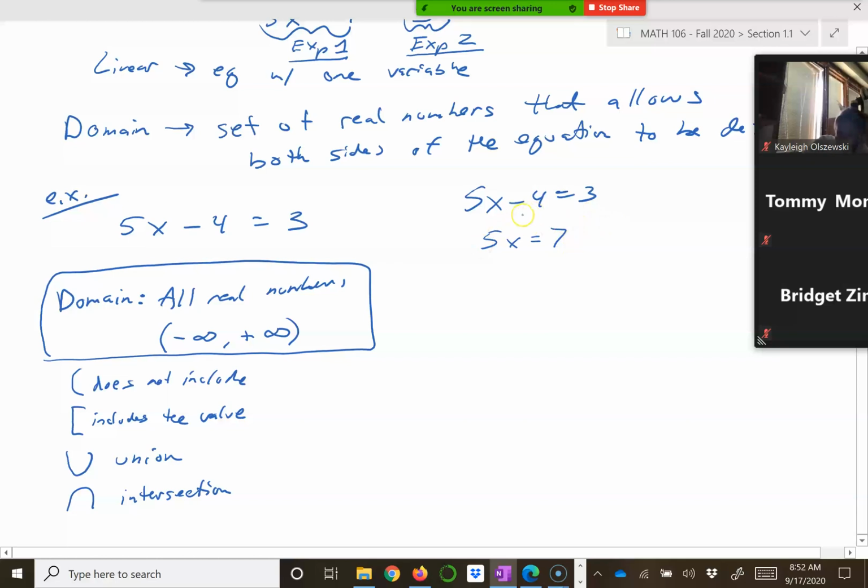Whatever process you've learned to do is fine with me. And then to isolate the x, we're going to divide both sides by 5, and you're going to get 7/5. All right, so when we solve a linear equation for x, this is the solution to the equation.